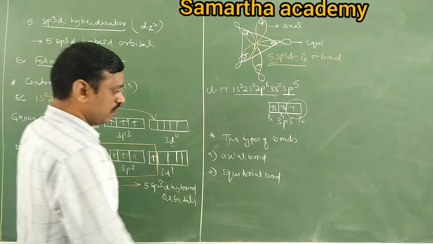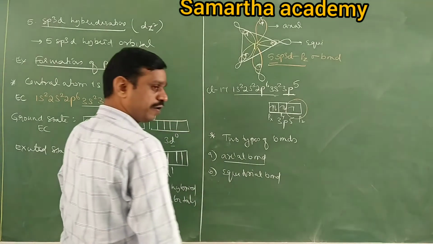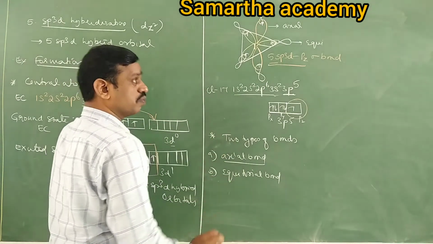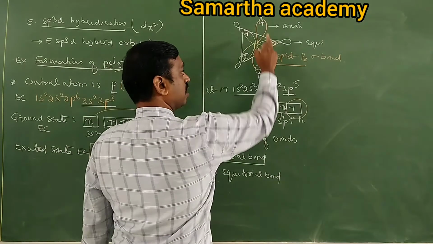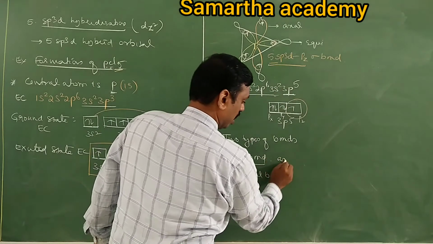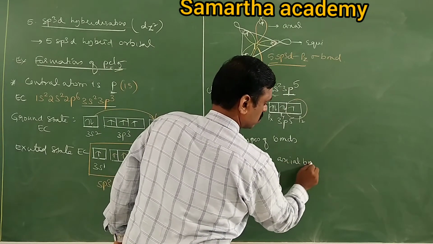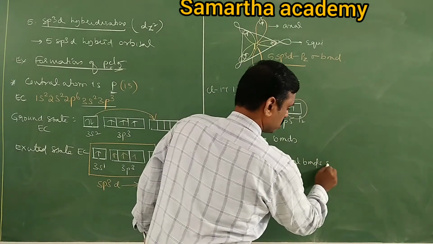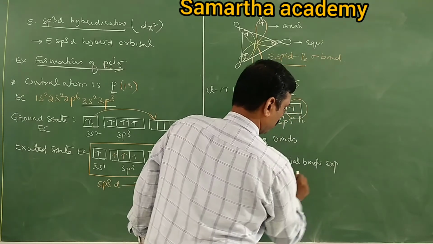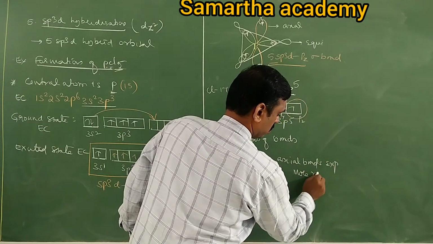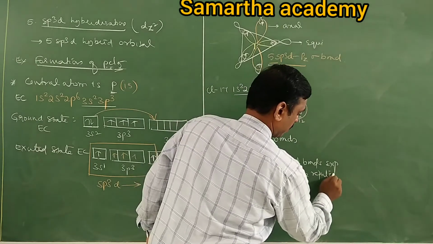Next, in the PCl5 structure, which bonds experience more repulsion, axial or equatorial? Axial bonds experience more repulsion.